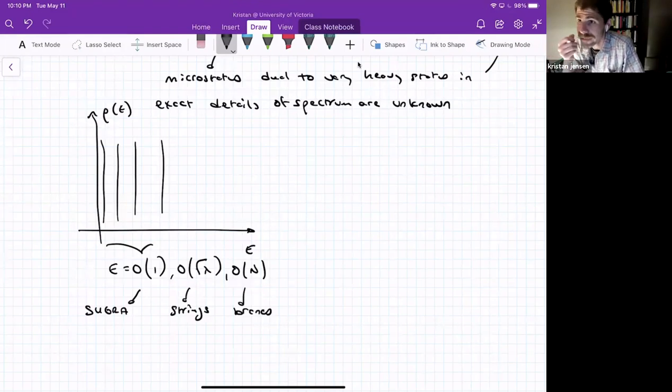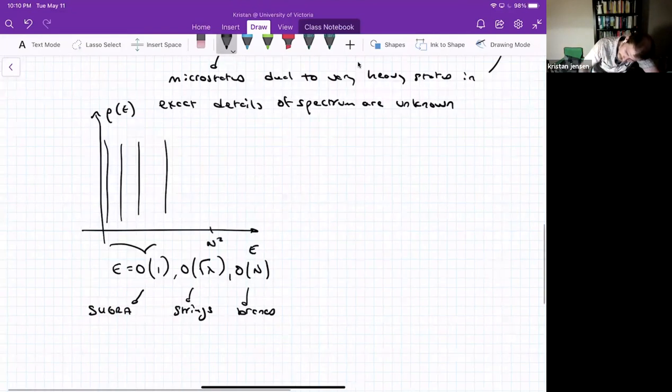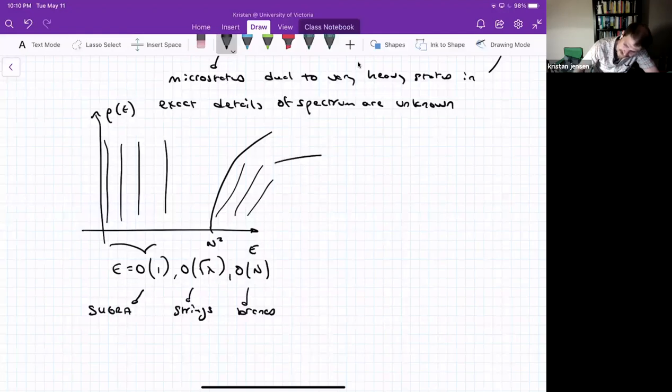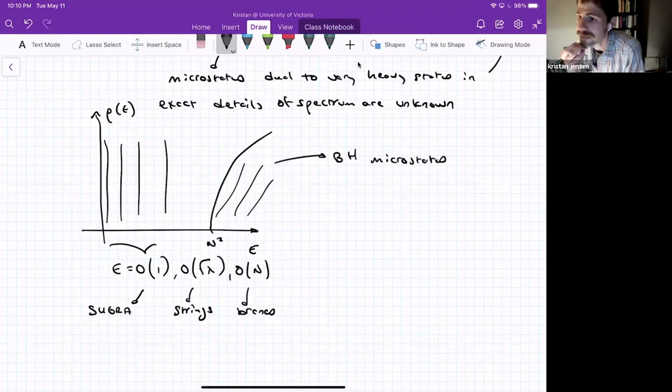Objects in AdS, and then at energies of order N squared, you get new states. You get a continuous spectrum, and those are the black hole microstates. And in the supergravity approximation, you get a continuous density of states.